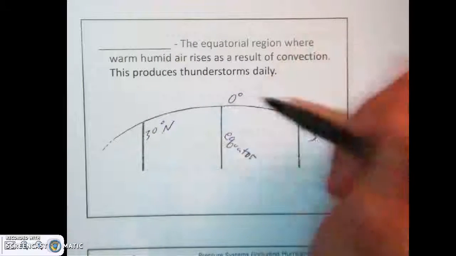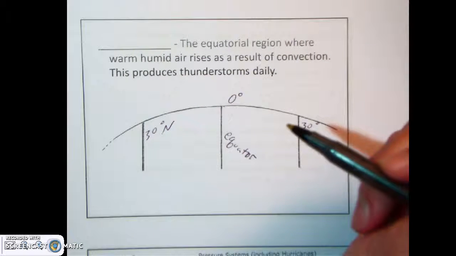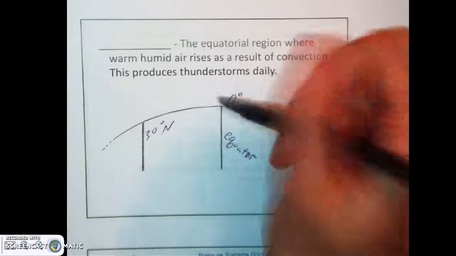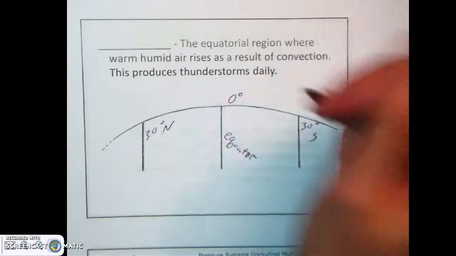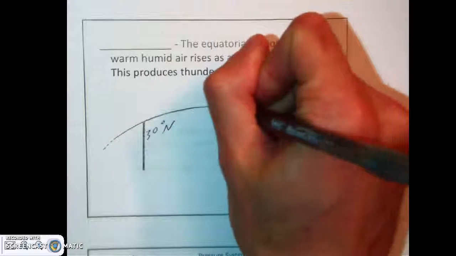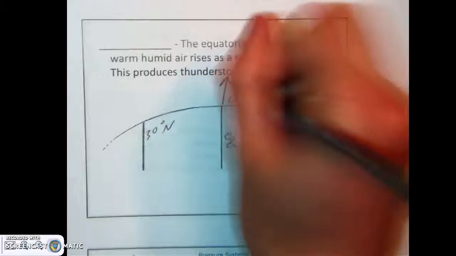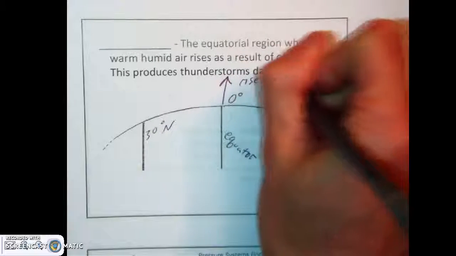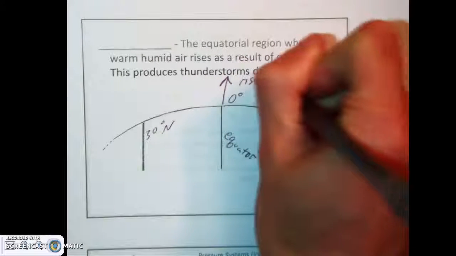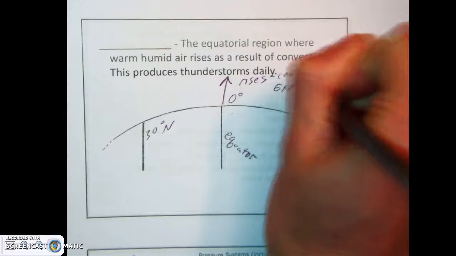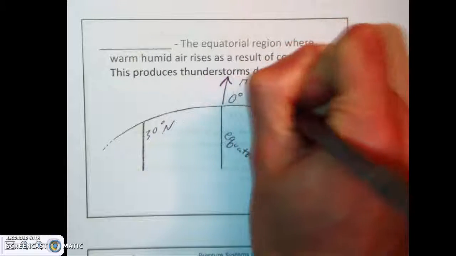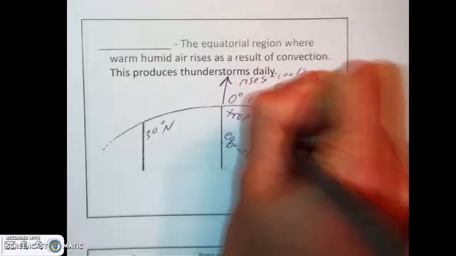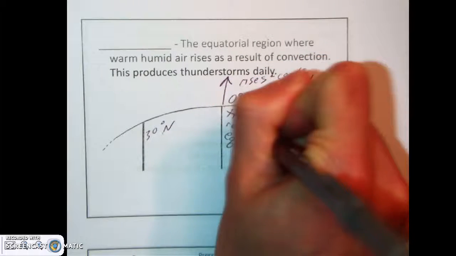Because the equator receives a lot of direct insolation, because the angle of insolation is very high, we're getting a lot of direct sunlight near the equator, and it's going to get very warm. And warm air rises. Remember, it rises and then it cools, it expands, and yet again, we get clouds. This is why we have tropical rainforests at the equator.